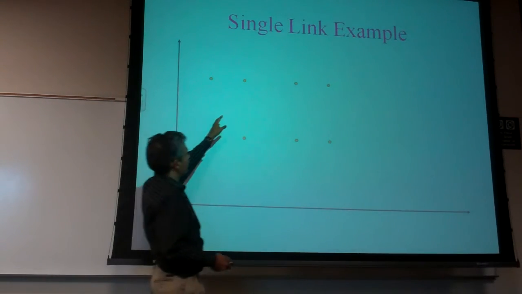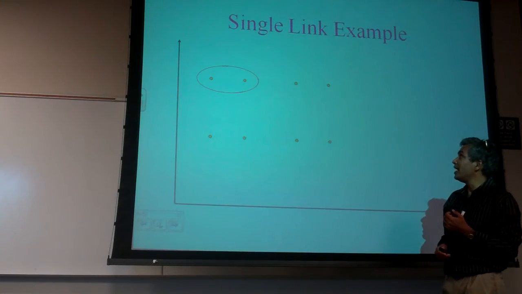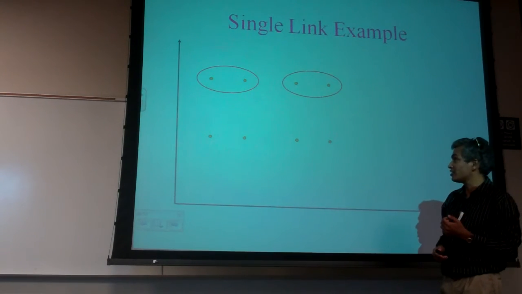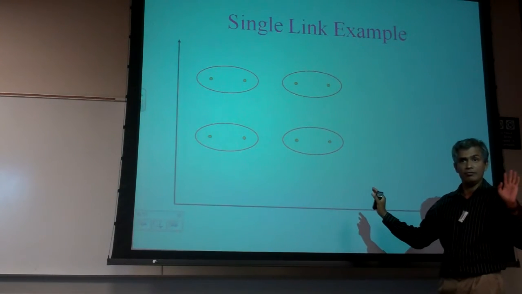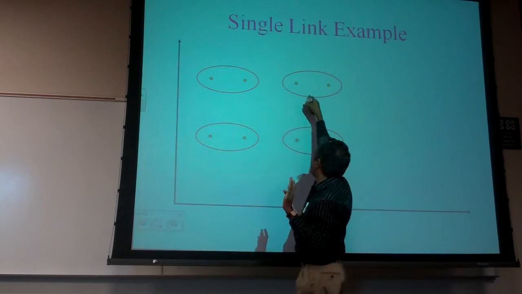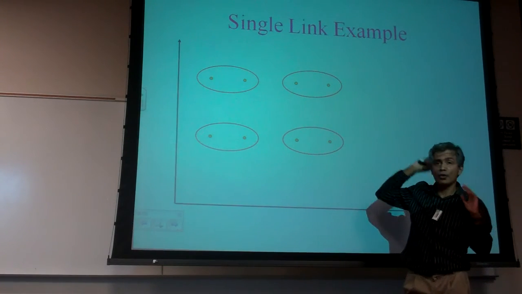In the beginning, of course, each of them is an individual point. Until here I would be going fine, because this pair is close, and they're all actually equidistant, so you pick them in some order to cluster. So I have 4 clusters.